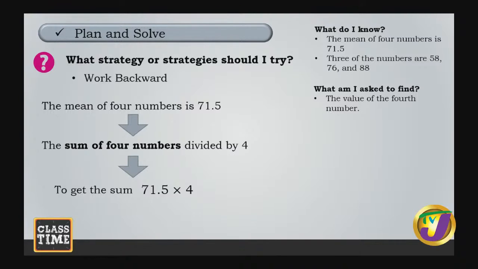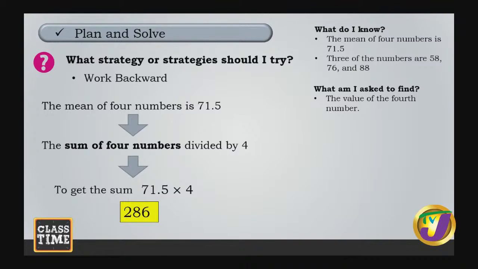So to get the sum, I'm going to do the reverse: multiply 71.5 by 4. That's simple computation. It's 286.